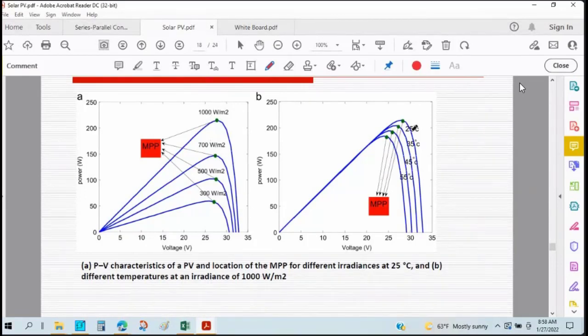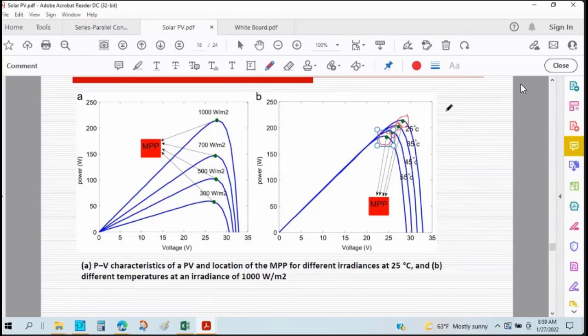And from the right side, we can also see that if the irradiance is constant, and in this case it's 1000 watt per meter square, then the maximum power points also change. The maximum power that we can extract from the solar panel is not fixed. It's variable. It depends on the weather condition.